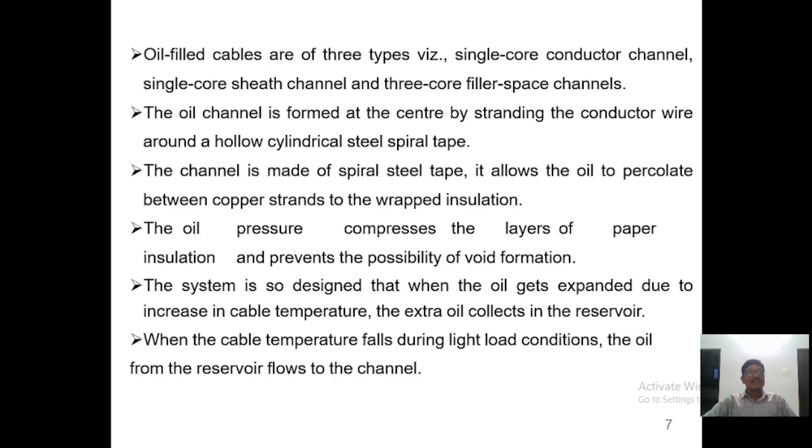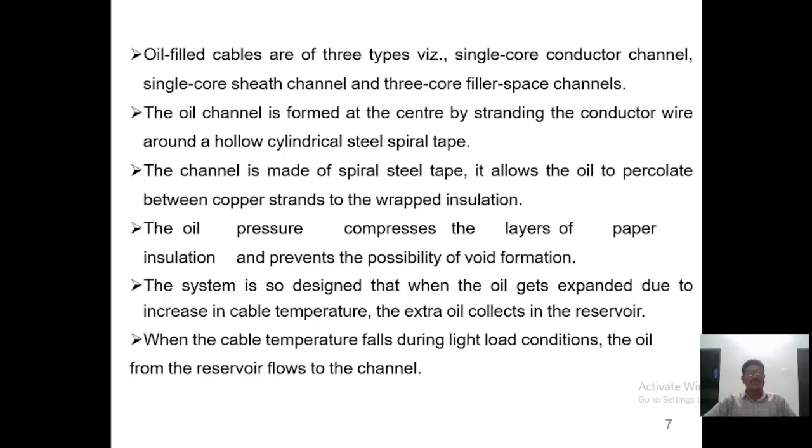Oil-filled cables are of three types: single core conductor channel, single core sheath channel, and three core filler space channels. The oil channel is formed at the center by stranding the conductor wire around a hollow cylindrical steel spiral tape.